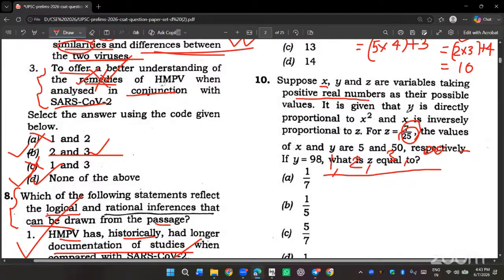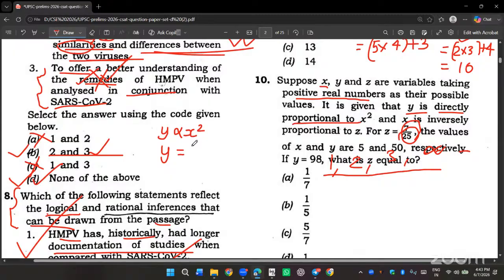Next, y is directly proportional to x square. Yes, good. But in a problem, we need an equal to symbol to solve any algebraic expression. What do we have to do? Put a constant. Any constant.